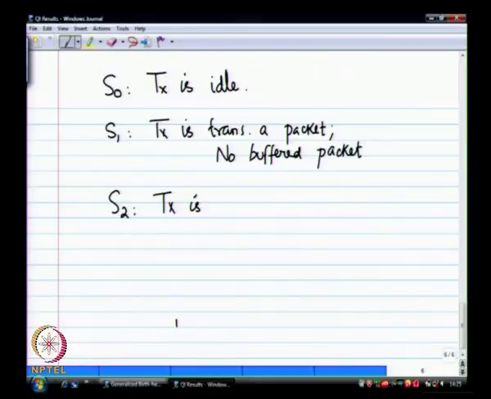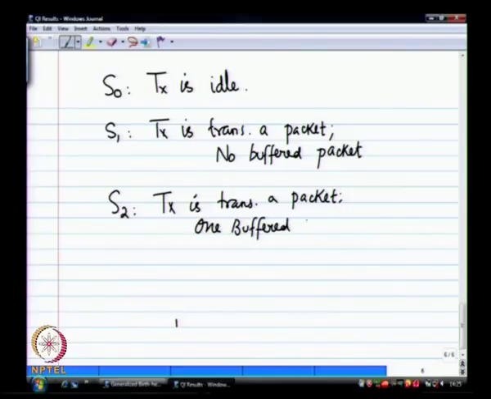A third packet comes, it simply gets dropped. So here this is a situation where I have a packet queued and I am also trying to transmit the packet. So there is no additional packet buffered. There is one packet in the buffer, which is the one that I am trying to send. Okay.